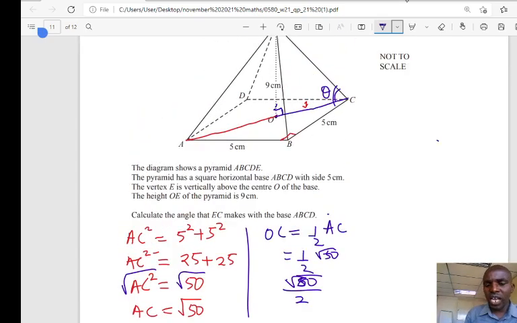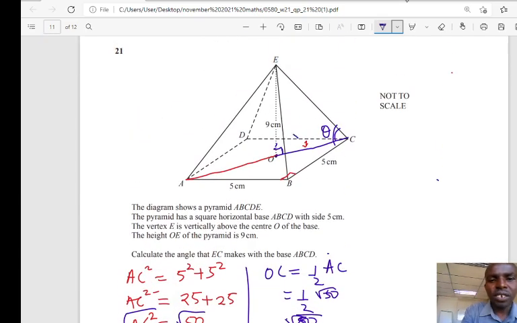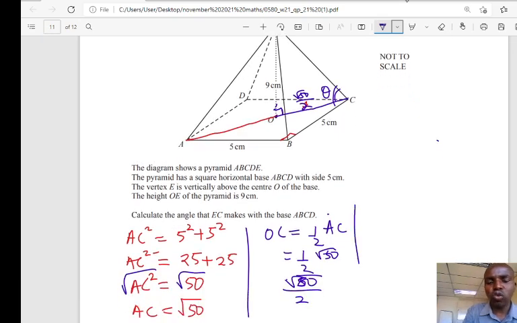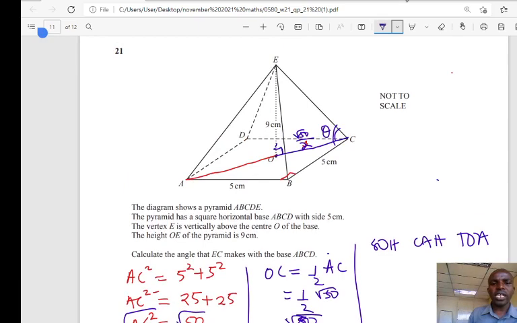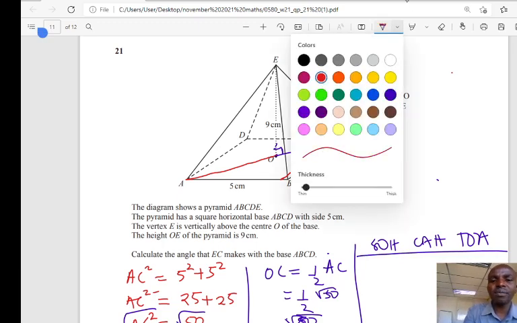Right, we have found this side is root 50 over 2. Now you can use SOHCAHTOA to find the angle. That's the OCE. You are given which side and which side?